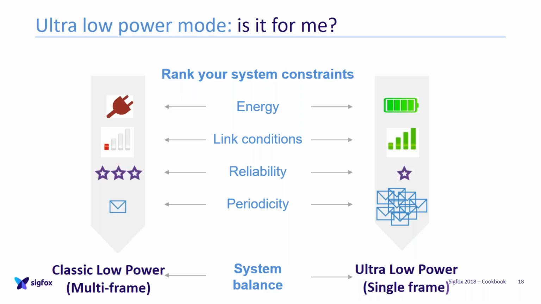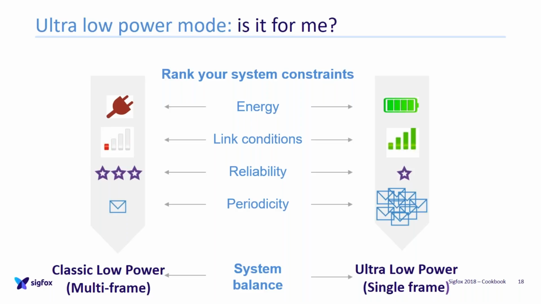So ultra low power is good for applications that are in good link conditions, that have high periodicity and that have low data criticality. The classic low power implementation, on the other hand, is still available for all, and is preferred, of course, if you have difficult link conditions.